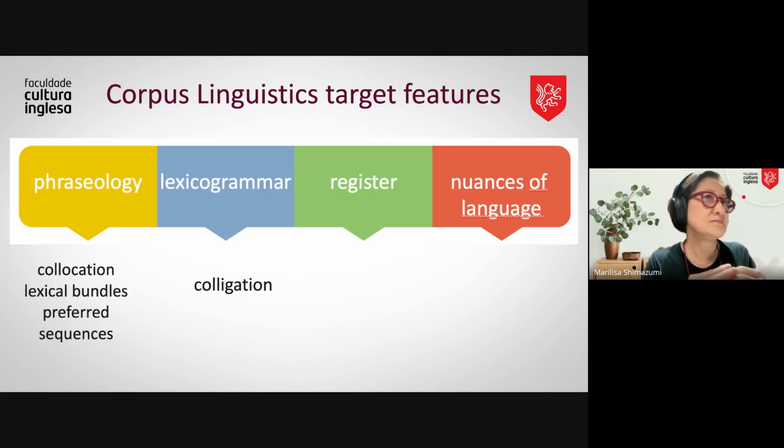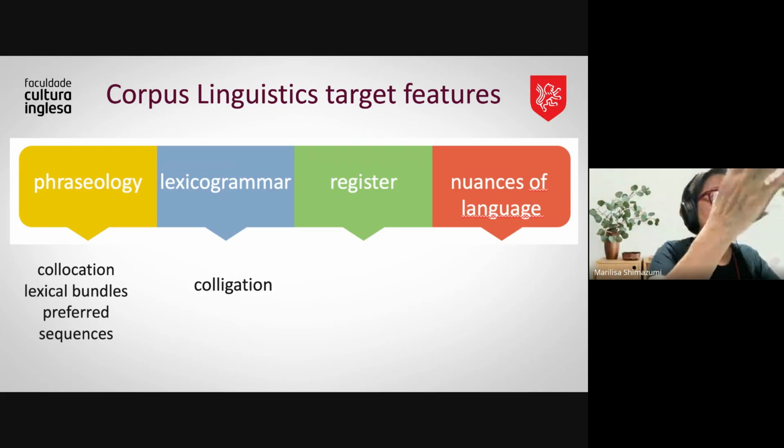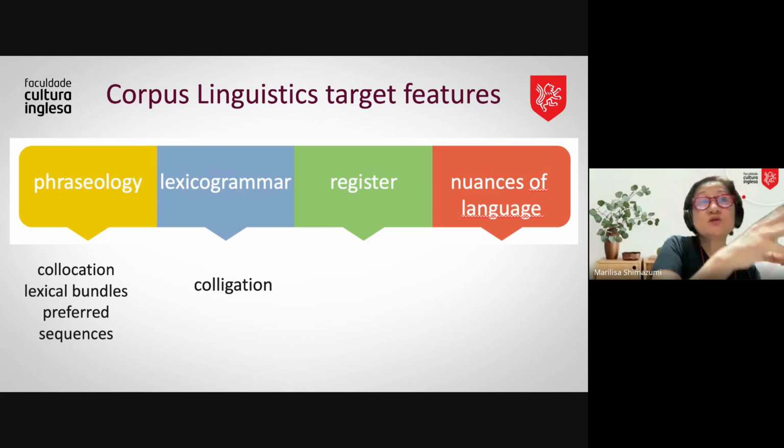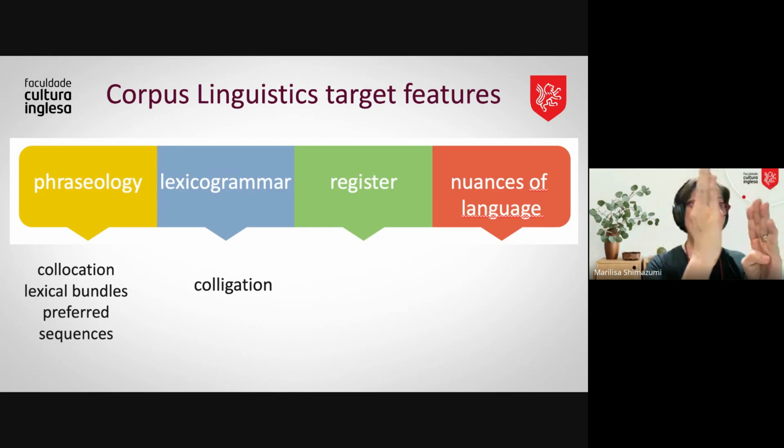One example. Here I can see beautiful people from the screen. Very interested people in learning English. So beautiful people, we know that the colligation here, when we have a noun and we want to modify the noun, it's going to be pre-modified by an adjective.